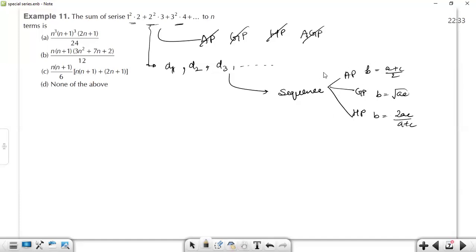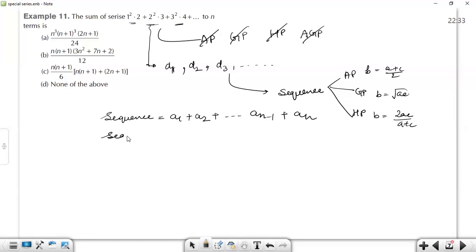Clear. If, let's say, D1, D2, D3 are in AP, what you have to do is simply write the sequence given: first term, second term, second last term, and this is the last term.